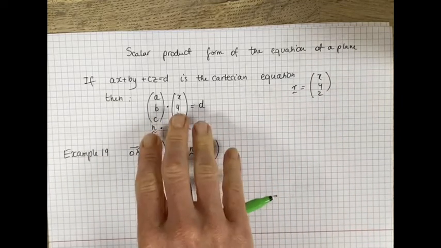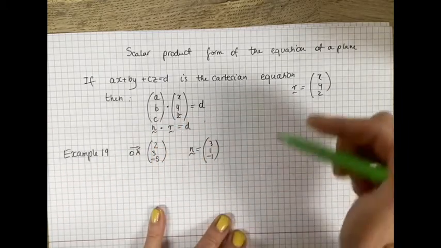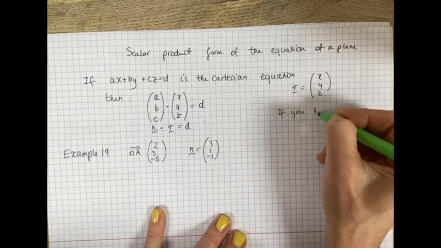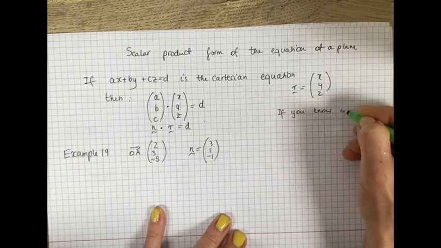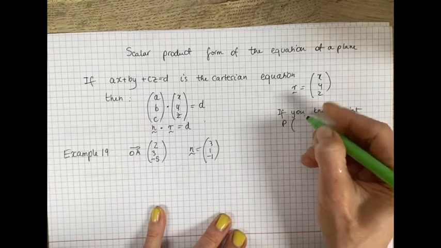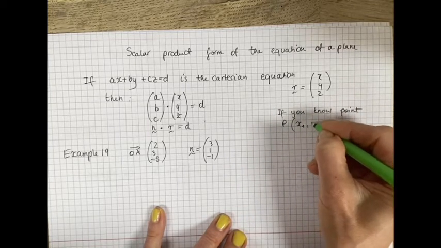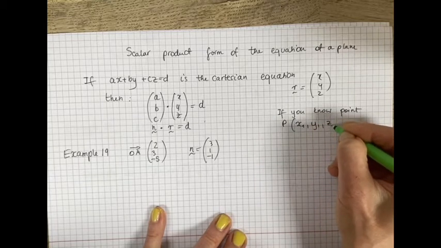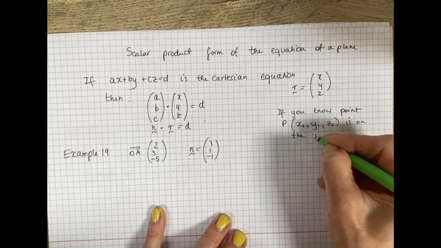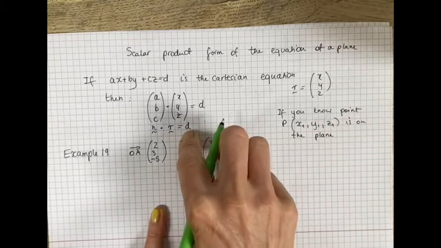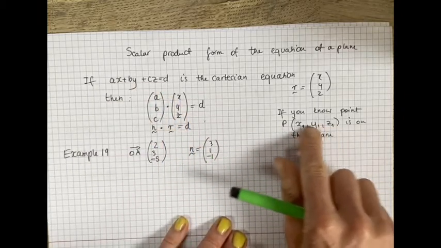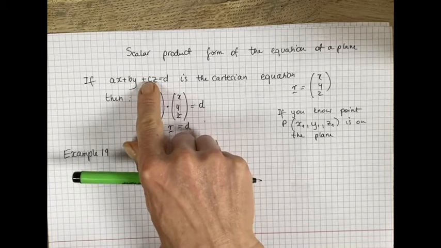Now, if you know a particular point on a plane, so if you know that point P with the coordinates x1, y1, z1 is on the plane, then to find the value of d, you would just substitute these coordinates into this left hand side.